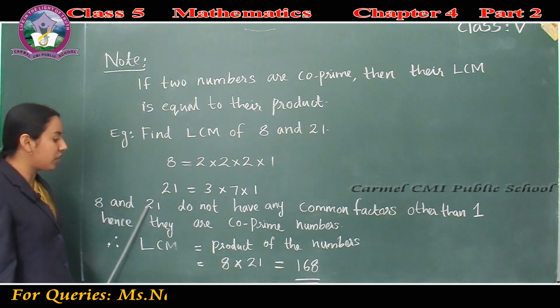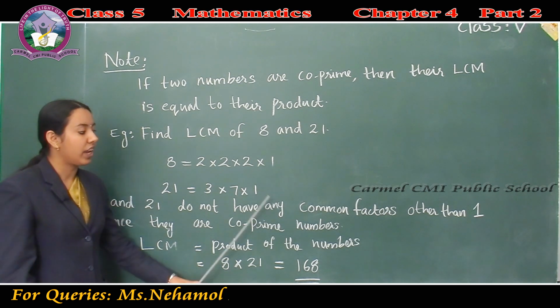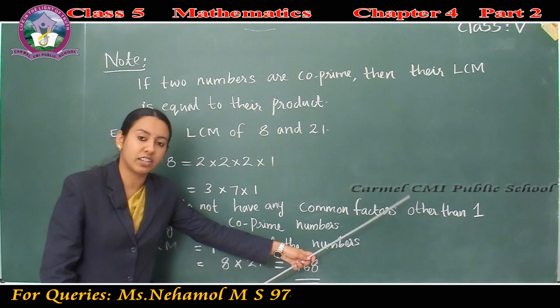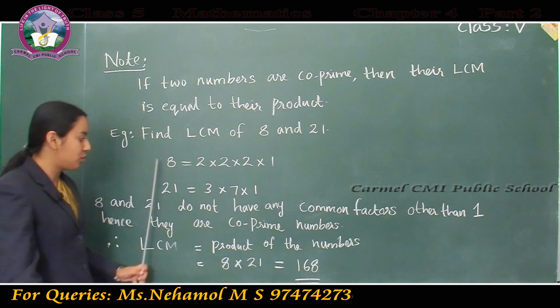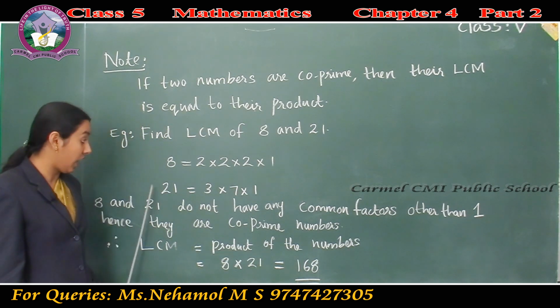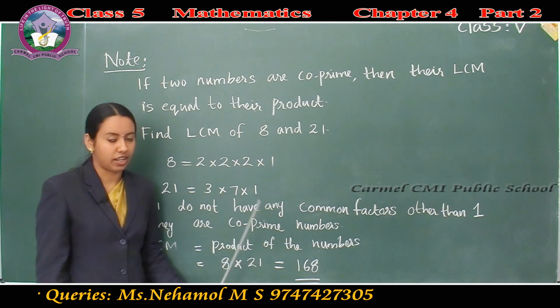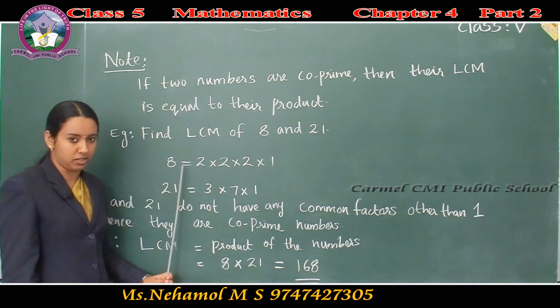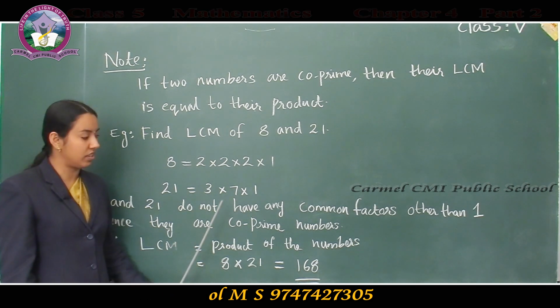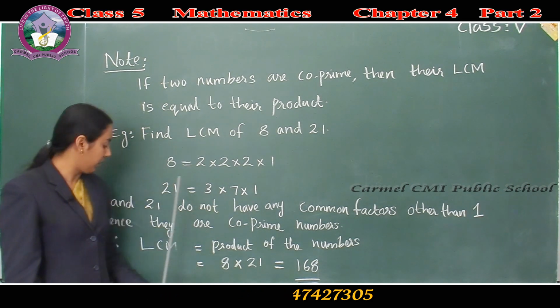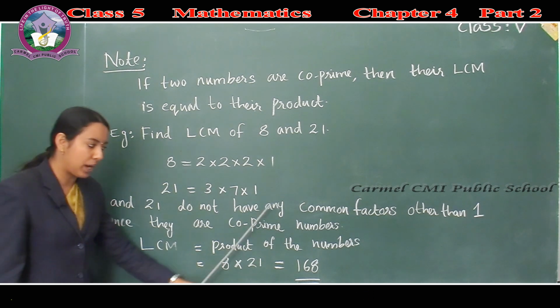Then 8 and 21 do not have any common factors other than 1. Only one common factor is there, the number 1. Hence they are co-prime numbers.